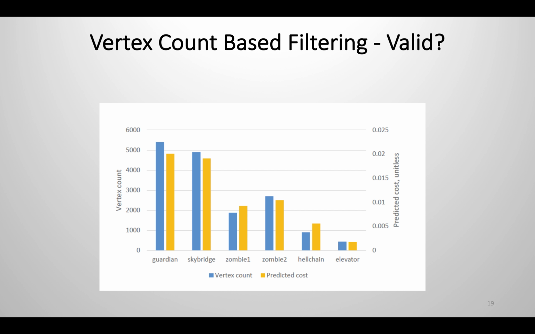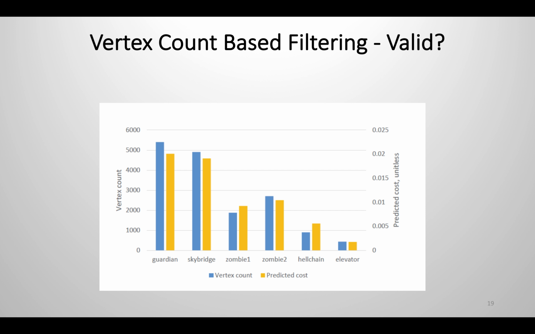Here is a proof that they showed in the paper that this vertex-based filtering is valid. You can see that these are the objects from Doom 3, and it shows their vertex counts, and cost in terms of the GPU frame time. And just to define, frame time is the time that a frame takes to be rendered and displayed.